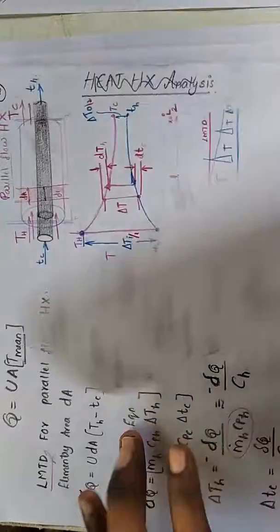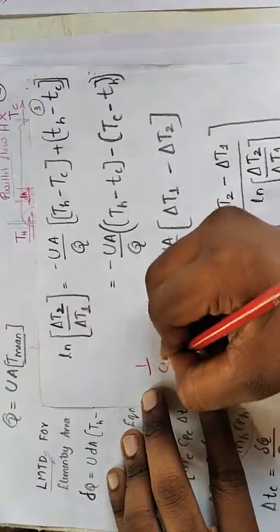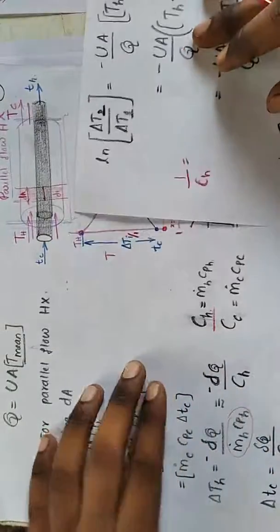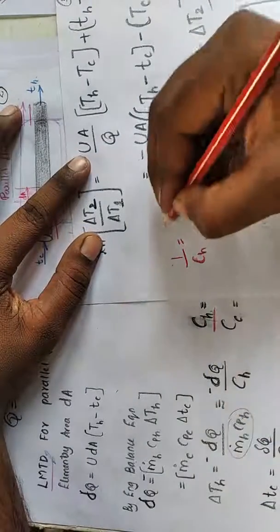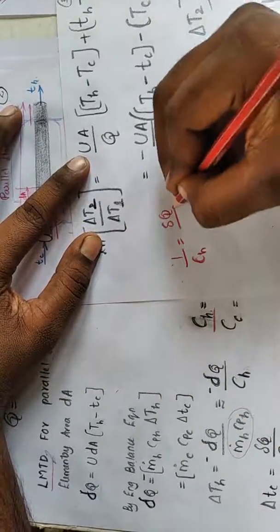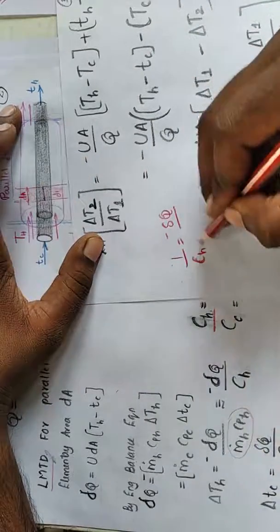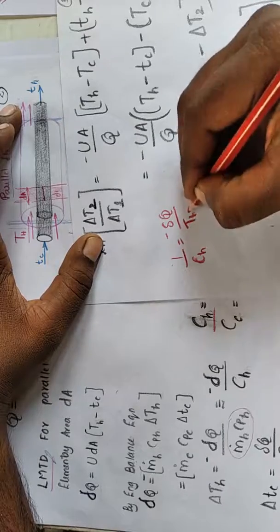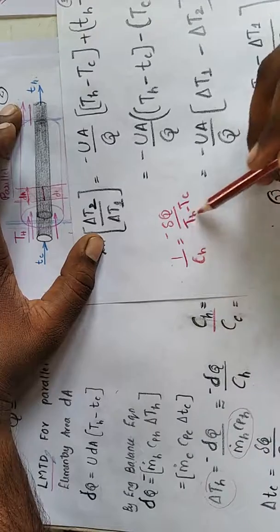We are able to write 1 by C_h equal to, as we know, C_h is equal to dQ by minus dT_h, that means delta T_h, capital T_h minus capital T_h.